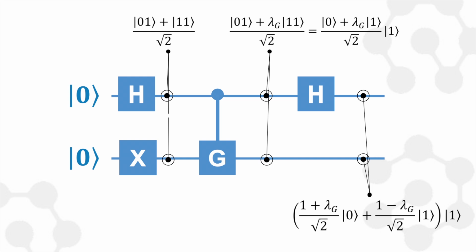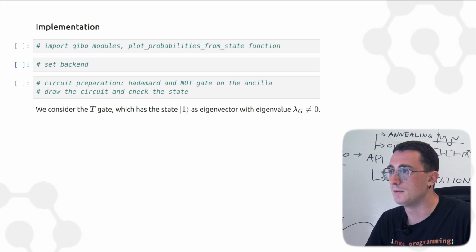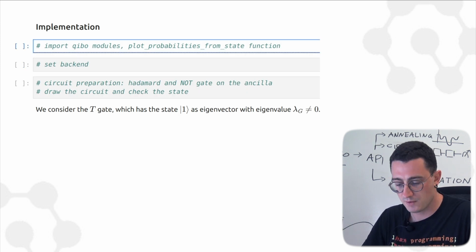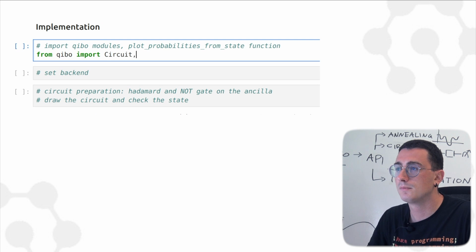But now, let's put our hands directly on the code. So, as usual, we can start by importing some useful functions and modules from Qibo. For example, from qibo import Circuit and gates.